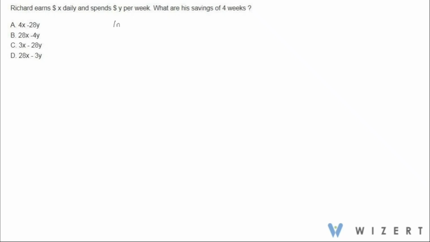So in a week, he earns 7 multiplied by X equal to 7X dollars, because there are 7 days in a week, and he spends Y dollars.